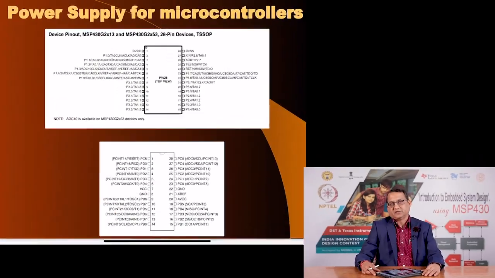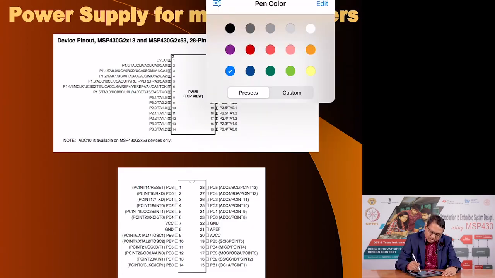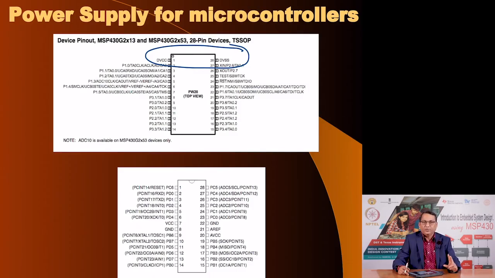The last part of the ecosystem is power supply. Subsequent to this, we are going to have a dedicated session on power supply design, including that for the microcontroller, but I thought I would use this opportunity to illustrate that on your microcontrollers, typically you would see two pins, DVCC and DVSS, on MSP430, whereas on your AVR ATmega microcontroller, there are two sets of pins.